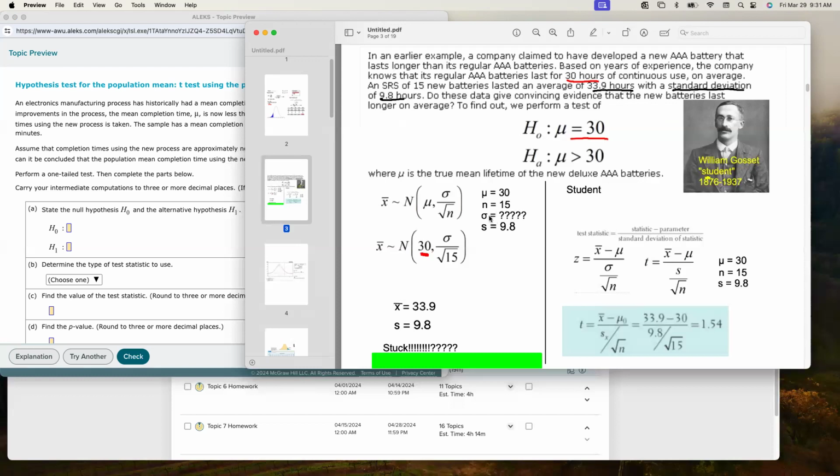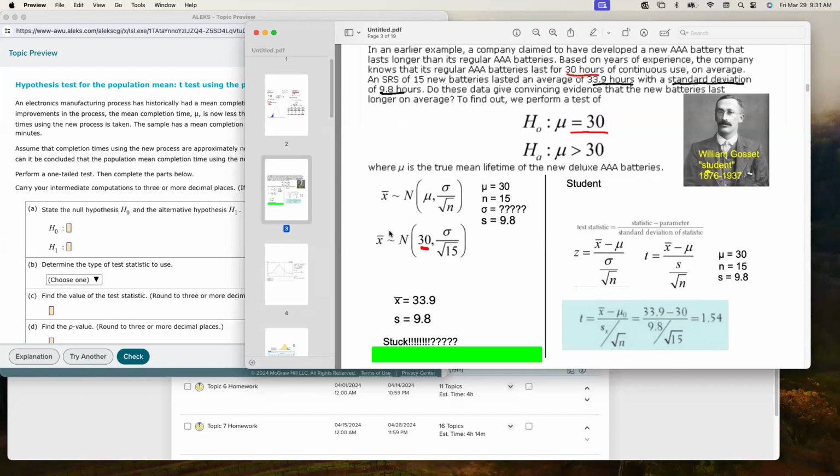So if we go to use the sampling distribution, we're kind of stuck, right? We know S, we don't know sigma, but really, when you think about it, this is an estimate of this. And so there's this fellow, William Gossett, who was a brewer at Guinness, you can see his lifespan there, in the late 1800s, early 1900s.